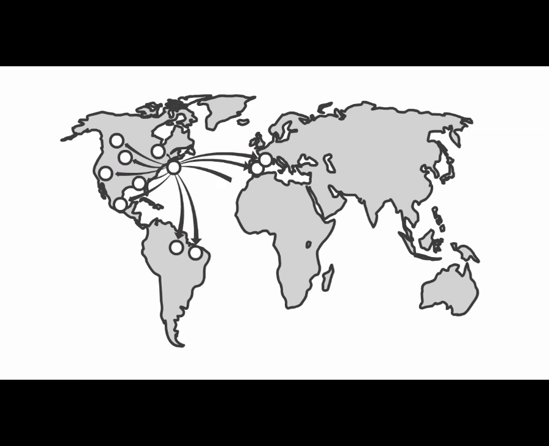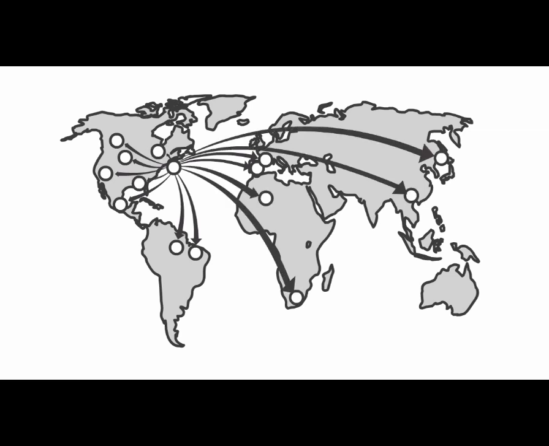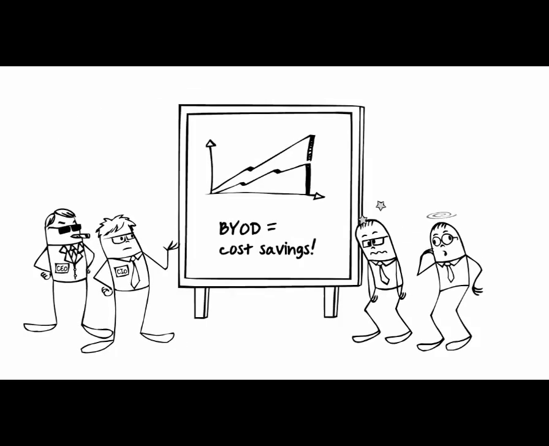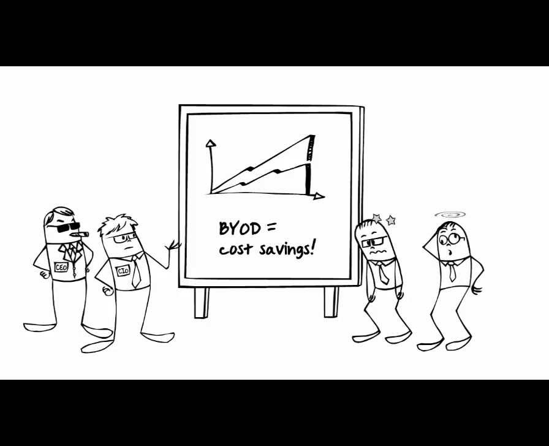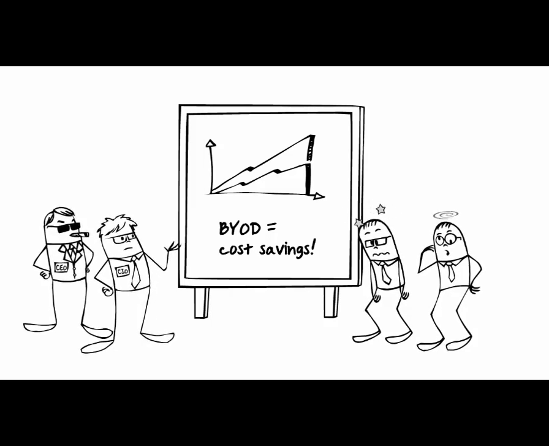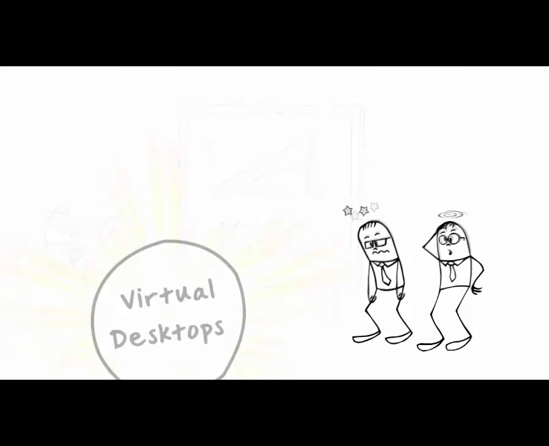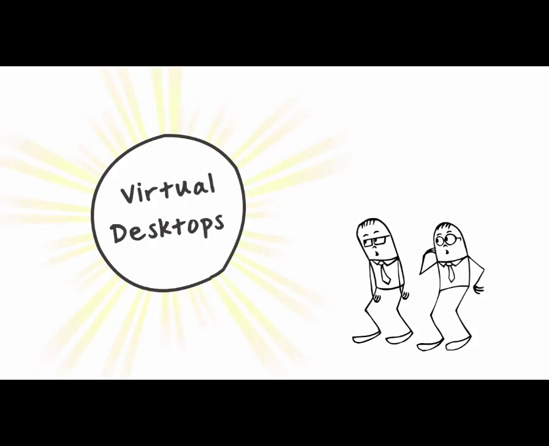In addition, the clock is ticking down on many critical OS upgrades. Not only are you feeling the pressure from users, but your CEO and CIO are also pressuring you to look for cost-saving opportunities. This is enough to drive anyone crazy. How do you support all of this while still ensuring security and control? Virtual desktops, of course.